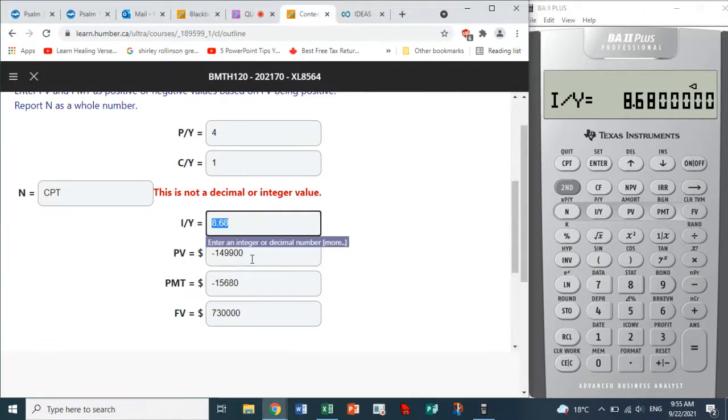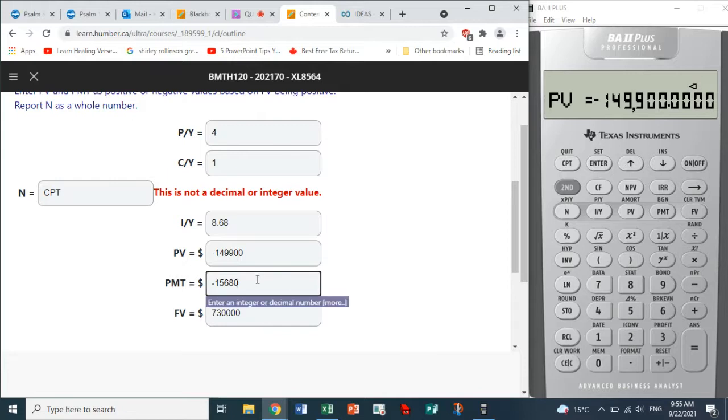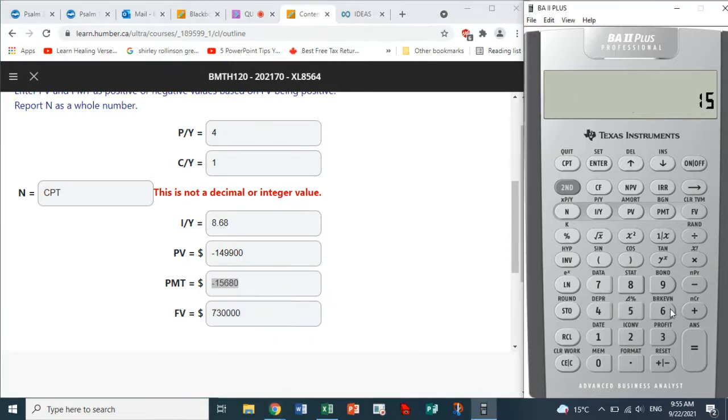That's this number right here. And 149,900 is the present value, so let's put that in as negative present value. Payment is 15,680.